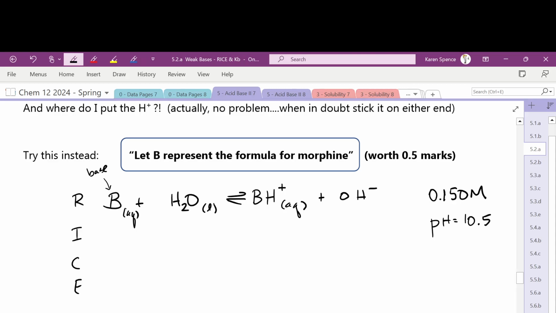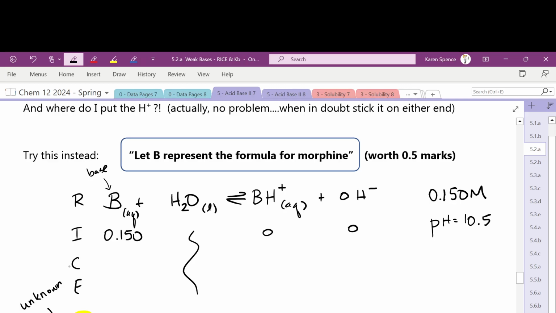Can you figure out that first line of your RICE table? In this case, the KB is our unknown.